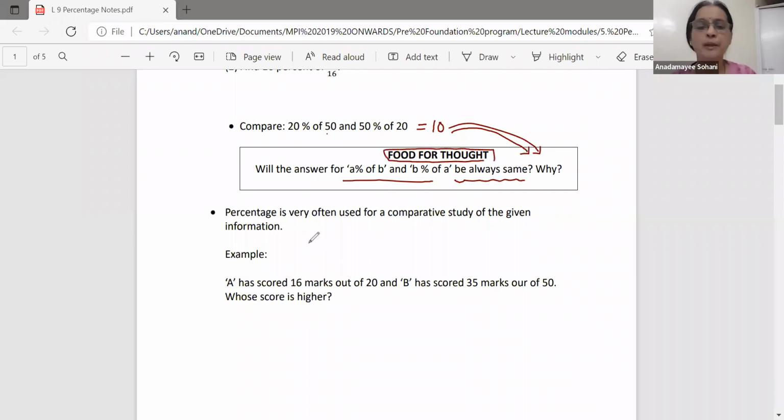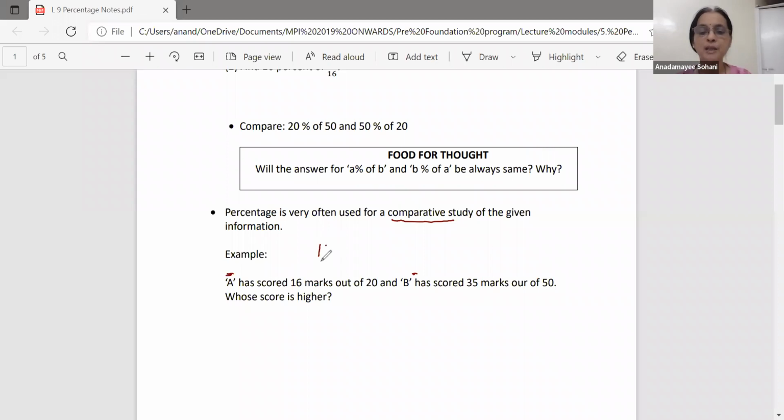Okay. Now, as I said, percentage we are using very often for a comparative study of the given information. For example, now see, there are two children, A and B, and A has scored 16 marks out of 20 marks. His paper was of 20 marks and he scored 16 marks. And B has scored 35 marks out of 50 marks.